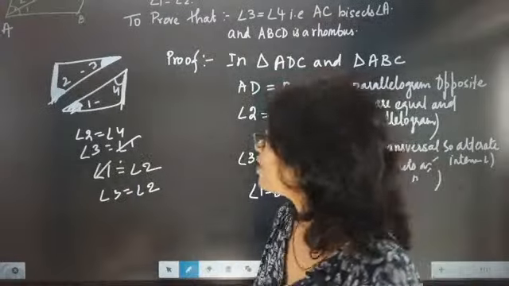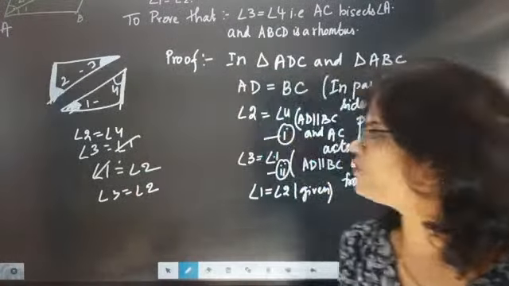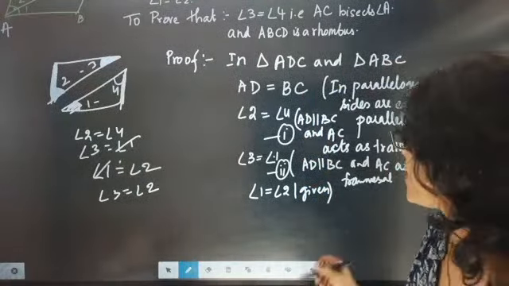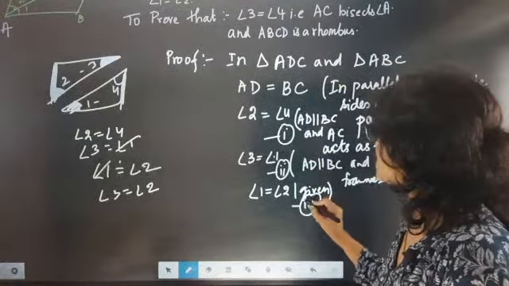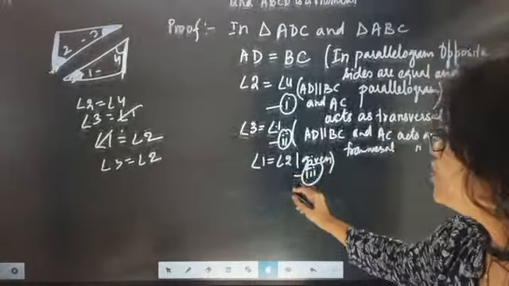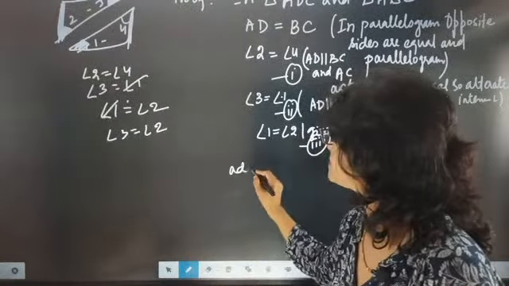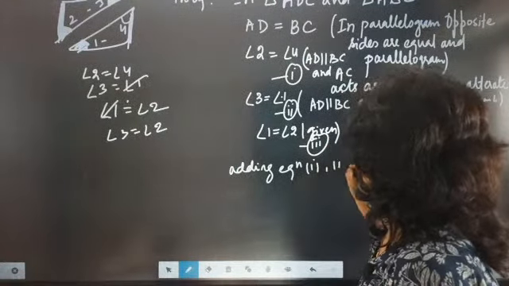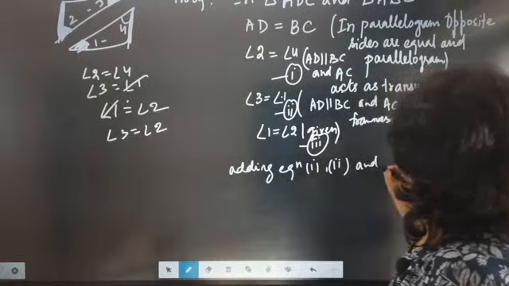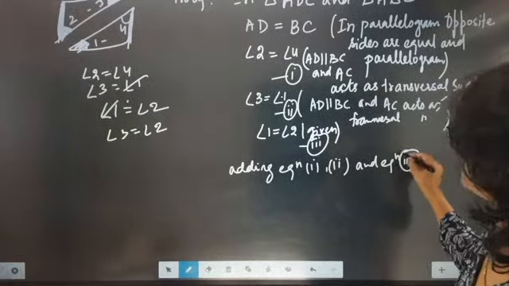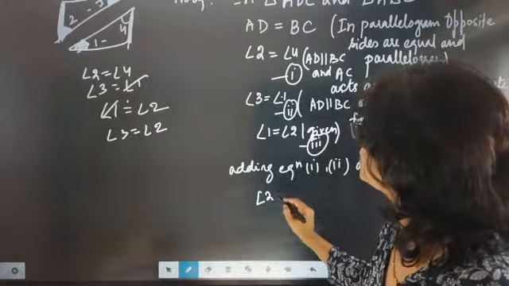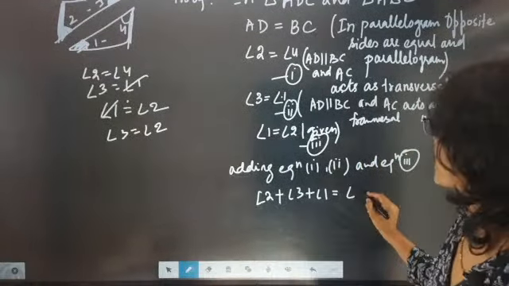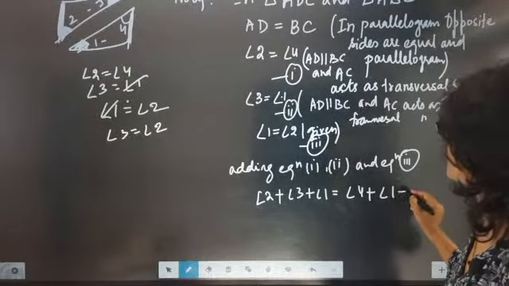Yes or no? If we add everything now, we are going to get angle 3 equal to angle 4. So this is equation 3. Adding equations 1, 2 and 3, what we get is angle 2 plus angle 3 plus angle 1 equals angle 4 plus angle 1 plus angle 2.